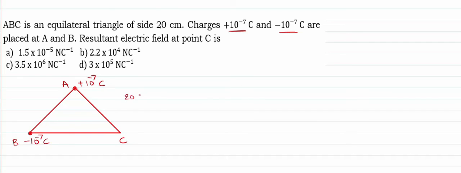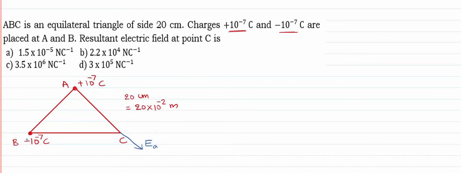The side is 20 centimeters, which means 20 into 10 raised to minus 2 meters. Again if you observe, the magnitudes of both charges are the same, so E will be the same at C. At A the charge is positive, so E will be away from positive, and in this direction you will have EA.